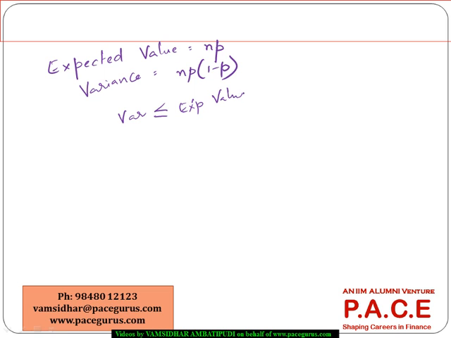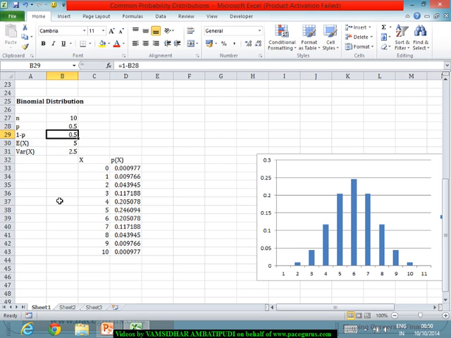Why? Because variance is actually coming out as expected value times 1 minus p. And 1 minus p will always lie between 0 and 1, because p always lies between 0 and 1. So the max it can be equal to the expected value is if 1 minus p is 1, which means p is 0, the probability of occurrence of an event is 0. Then the variance is equal to the expected value. Otherwise, the variance will always be lesser than the expected value.